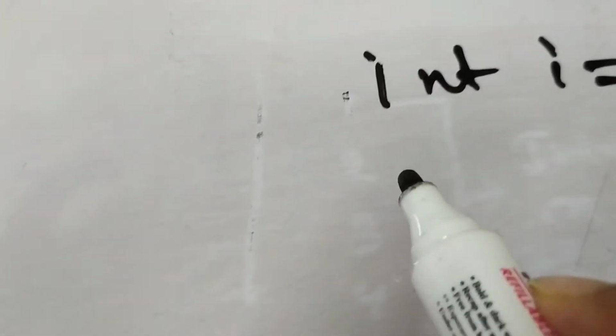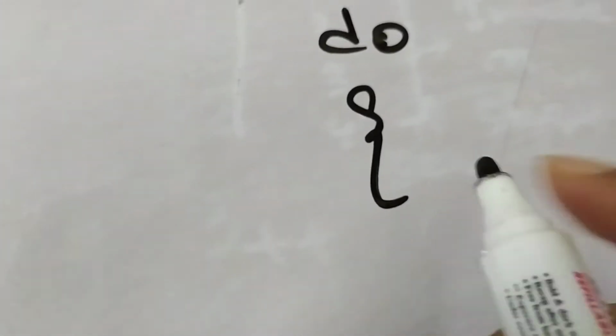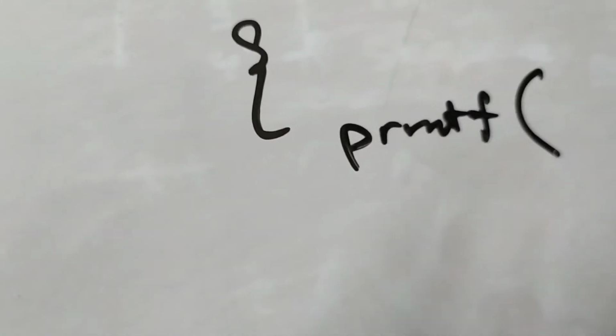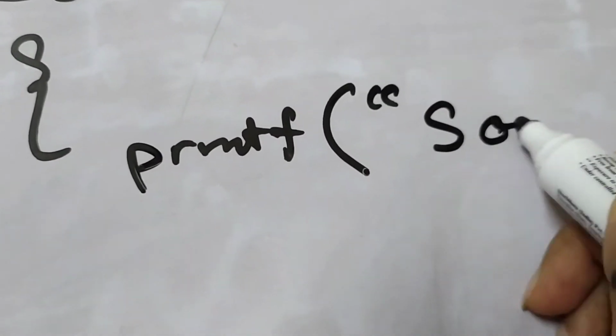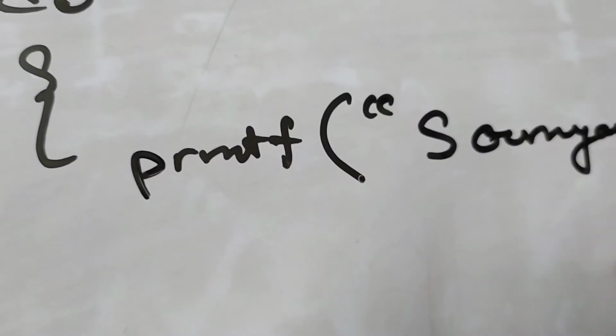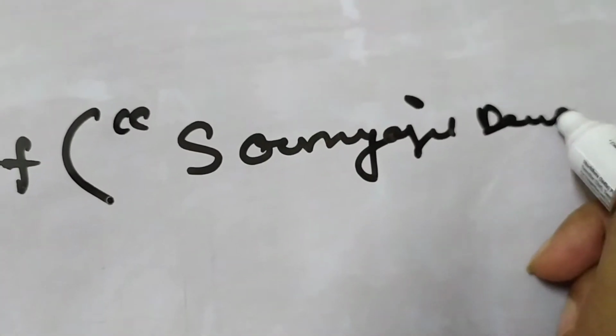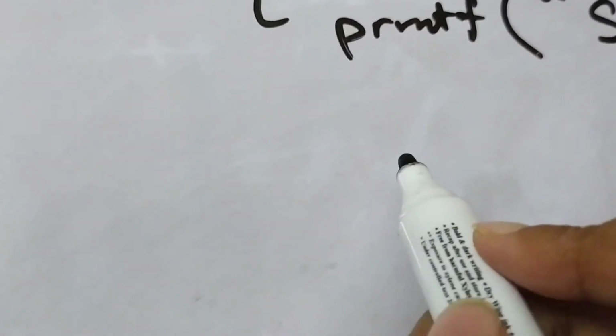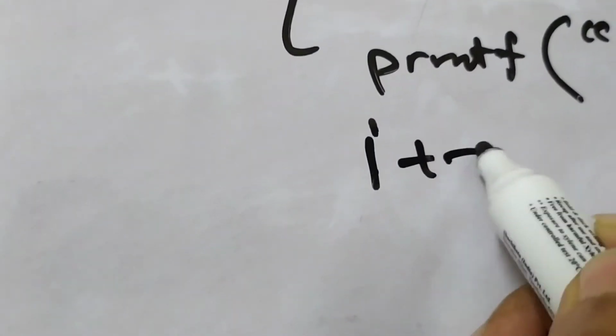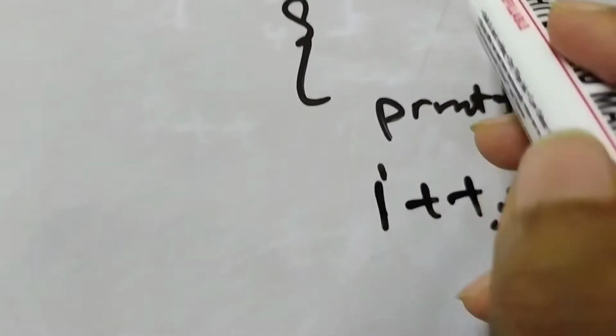Within the do loop I am taking printf Somojit De, and I am using the increment operator.